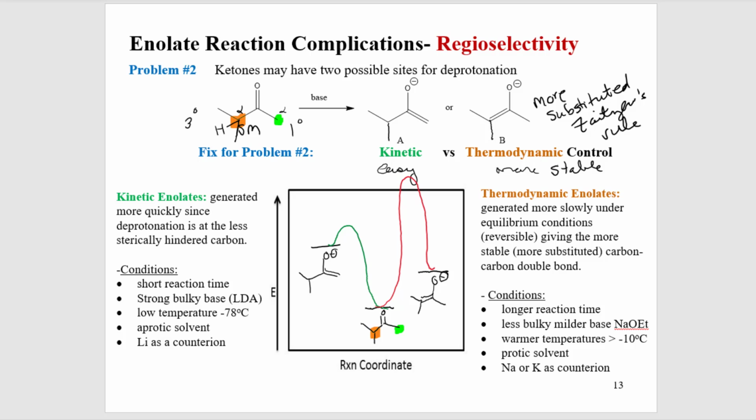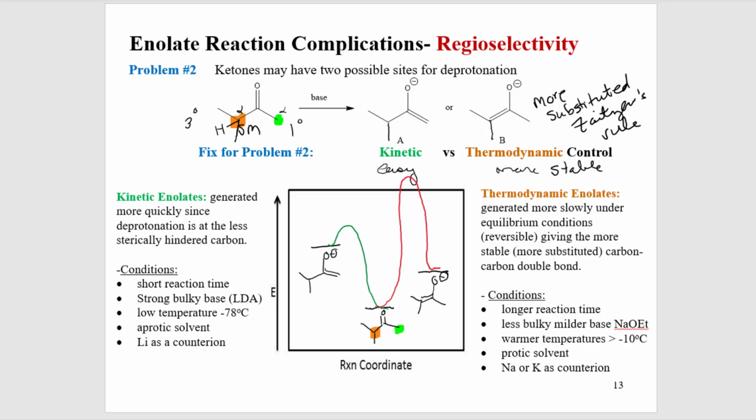Why? Because it's more sterically hindered. So if we look at our energy diagram, we can see that kinetic enolates are higher in energy, less stable than thermodynamic enolates because of the positioning of the double bond. However, getting to the kinetic one is so much easier, requires less energy than getting to the thermodynamic enolate.